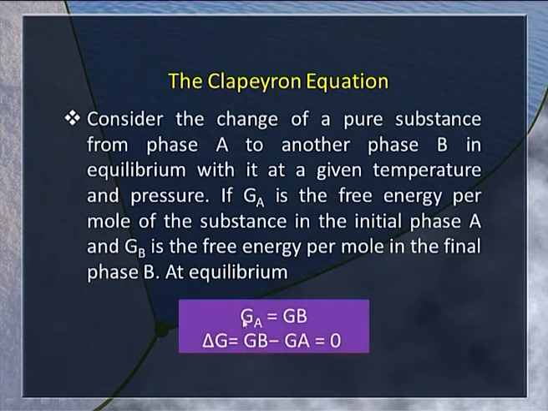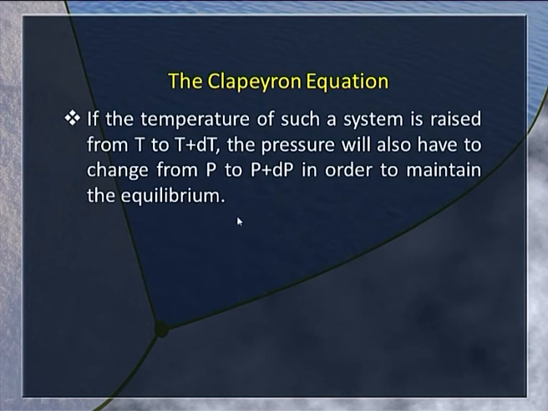At equilibrium, these two terms have to be equal because ΔG has to be equal to 0, and if we take that the system is subjected to some amount of change, and the temperature has gone from T to T plus dT, the pressure also undergoes a change, that is it has gone from P to P plus dP.